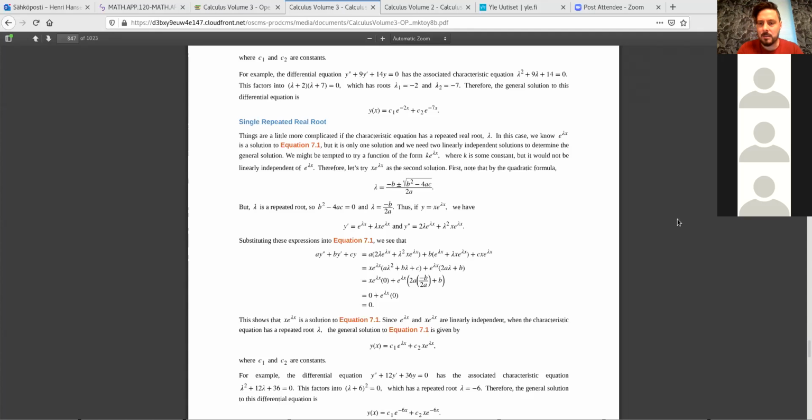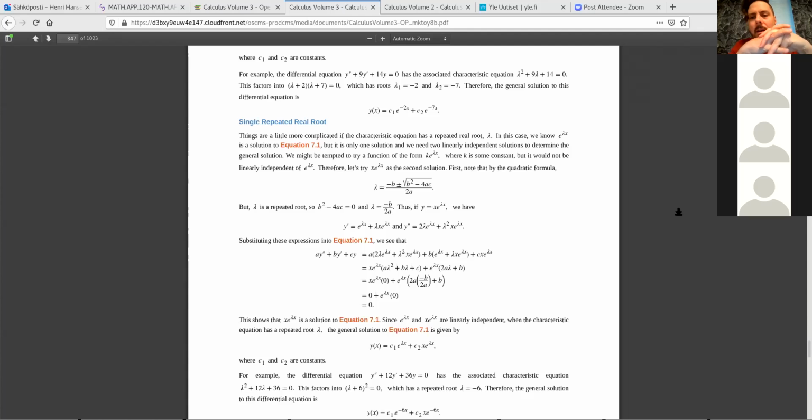We had this solution, y of x equals e to the, I was using L, but let me use k here, kx, and k satisfies the characteristic equation.